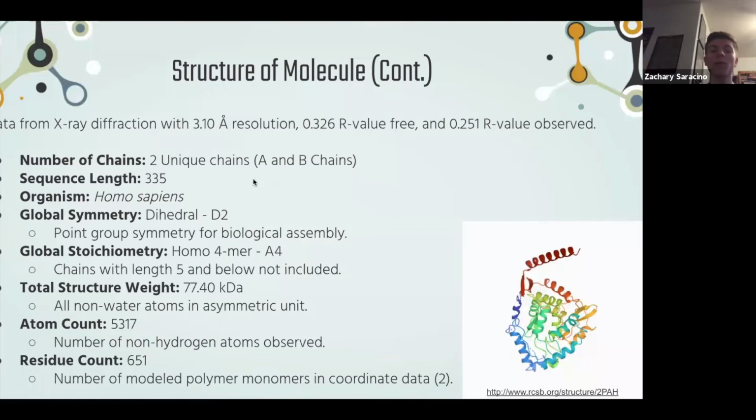Some of the most important information to take away is that it's composed of 2 unique chains, an A and a B chain, with length 335, and it's taken from Homo sapiens. The total molecular weight is 77.40 kilodaltons, including non-water atoms in the asymmetric unit. The atom count is 5,317, not including hydrogen atoms, and the residue count is 651.